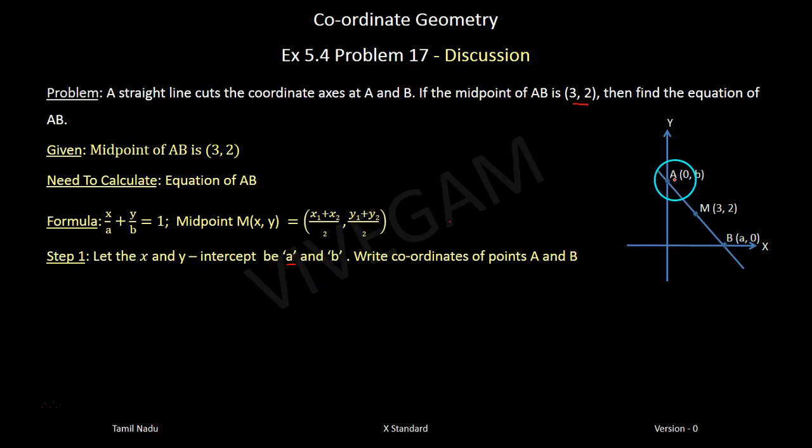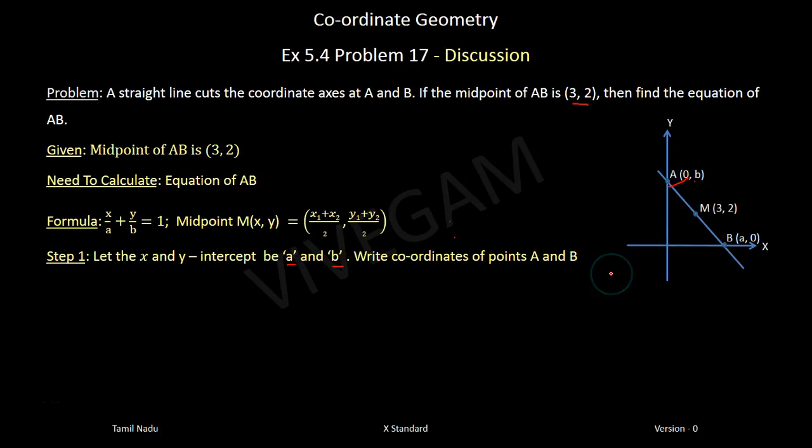By the same logic, the point at which it cuts the y-axis is your y-intercept, b here, but the point will have coordinates (0, b). Because this is the y-intercept and it cuts the y-axis at that point, the x value will be 0. So this gives you the coordinates of A and B.